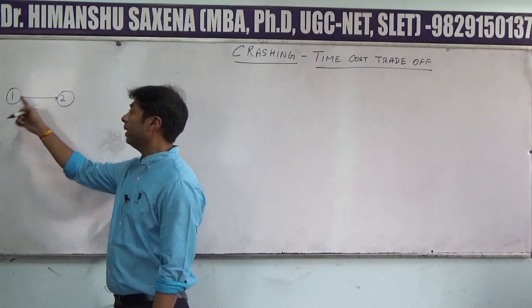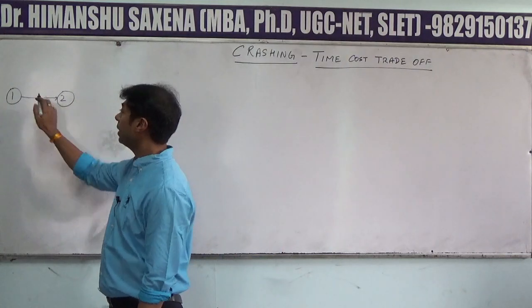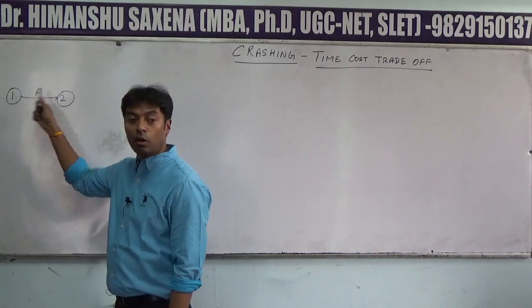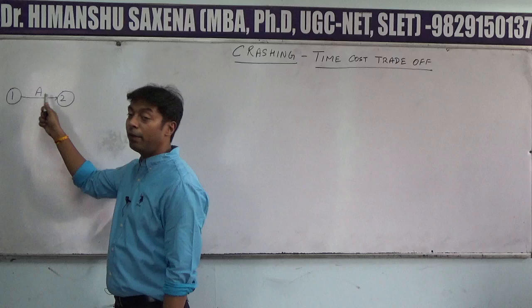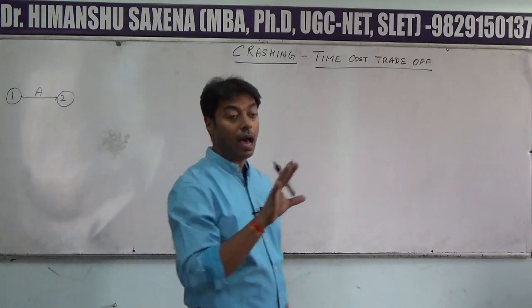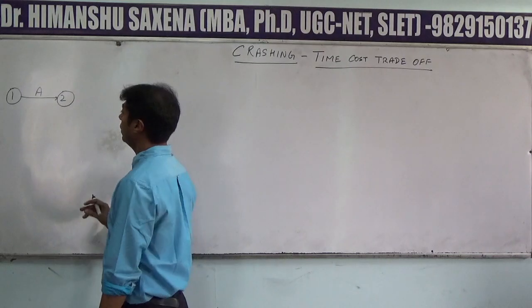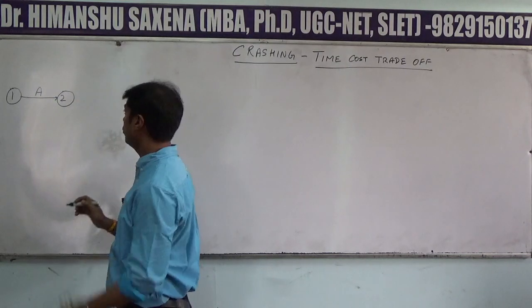So 1 will be connected with 2, and this is activity A. So in circles, numbers are always written, while the alphabets which are denoting activities are placed in the midst of these two numbers. Next activity 2 to 3.